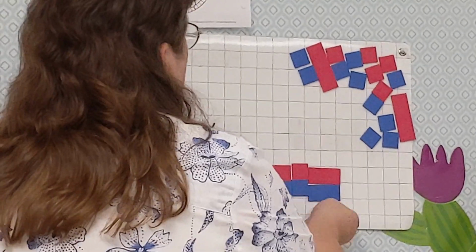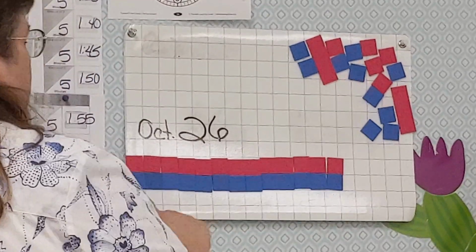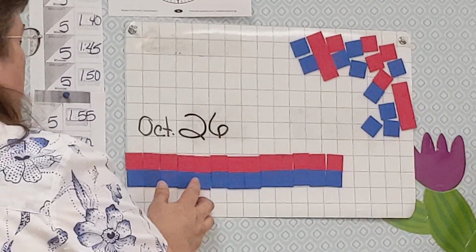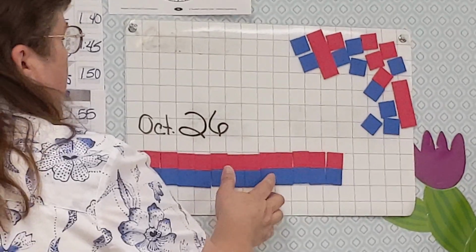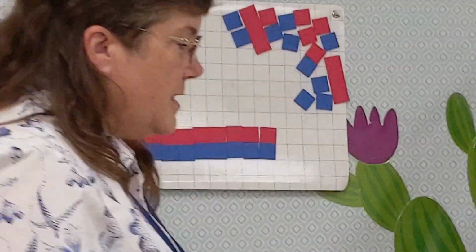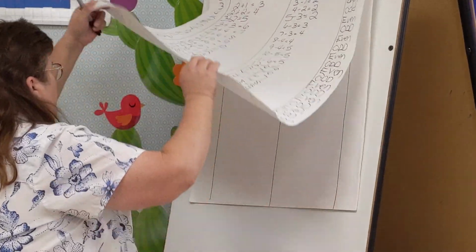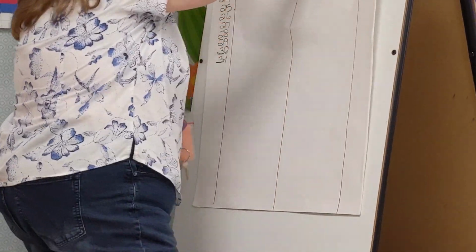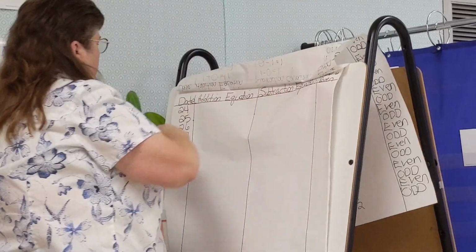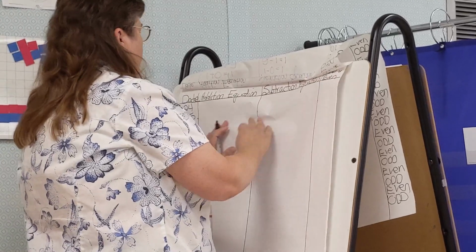Because look, I made 2 equal rows. I did not have any extras. So let's count how many are on my bottom row. 1, 2, 3, 4, 5, 6, 7, 8, 9, 10, 11, 12, 13. So 13 plus 13 equals 26. Then the other ones.